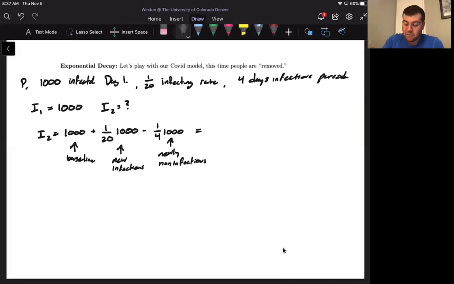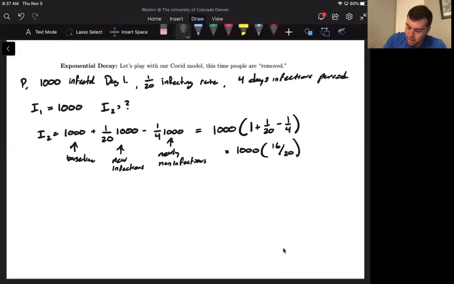Right, so we can simplify this down and factor out 1,000, and then we get 1 plus 1/20 minus 1/4, which equals 1,000 times 16/20, or 1,000 times 3/4.